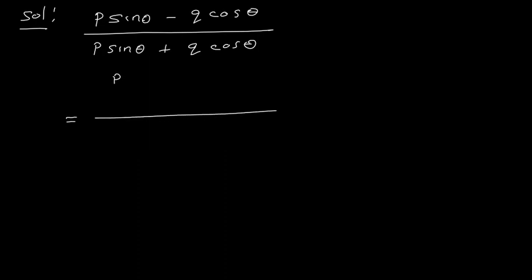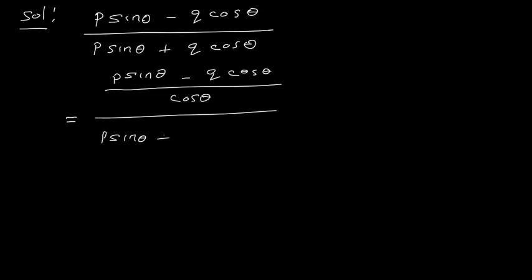So my numerator will become P sin theta minus Q cos theta whole divided by cos theta, and denominator will be P sin theta plus Q cos theta whole divided by cos theta.